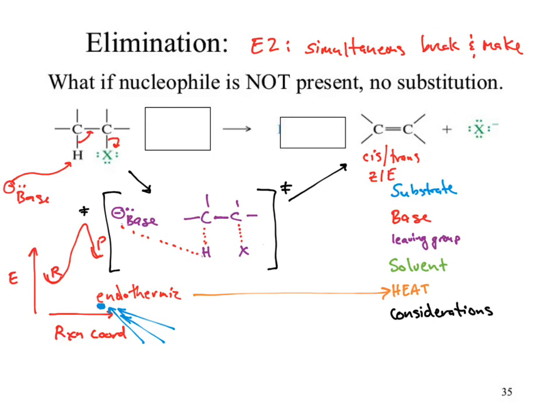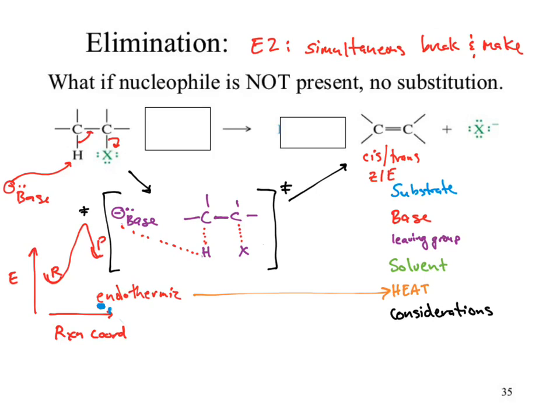No. What do I want that product energy to be? As low as possible. That's going to help drive this reaction more easily. Okay, so I'm concerned a lot about the energy of that product. Okay, that's going to be a huge impact in the overall success of the reaction. The more stable that product is, the more likely it occurs.